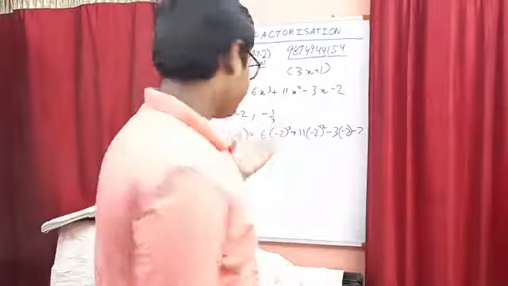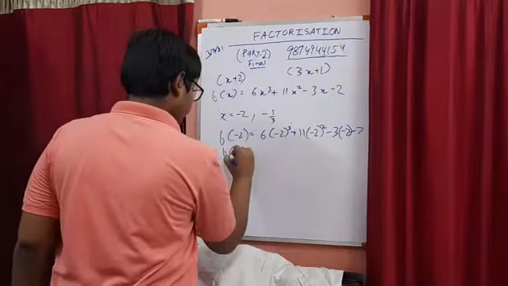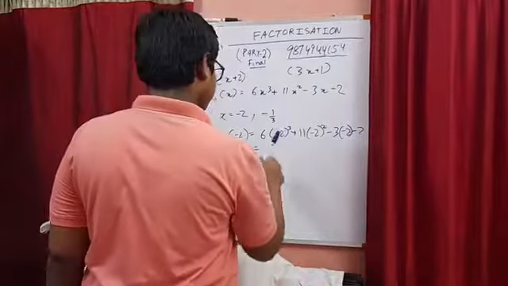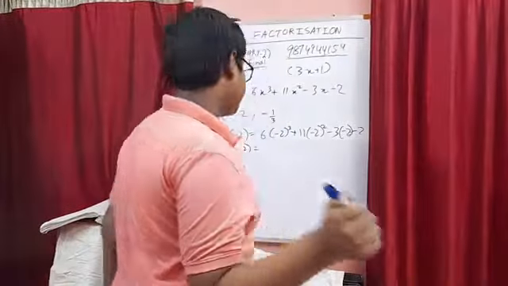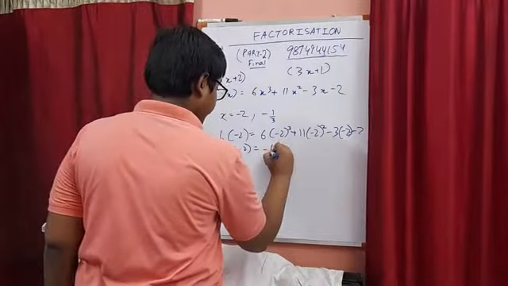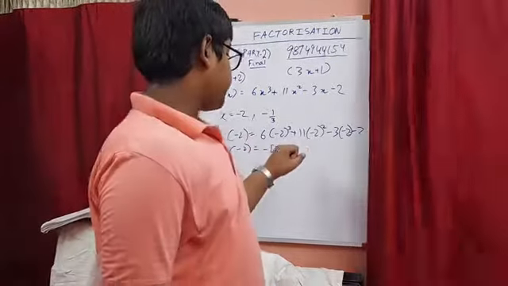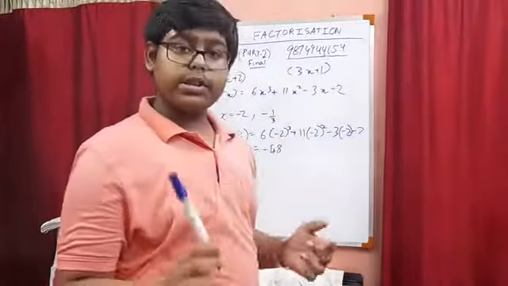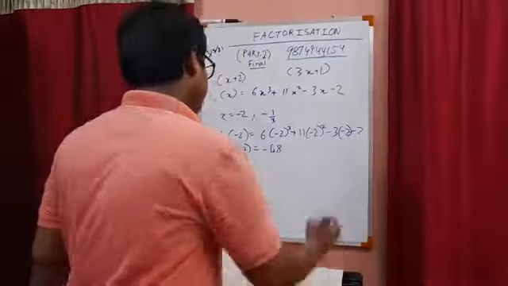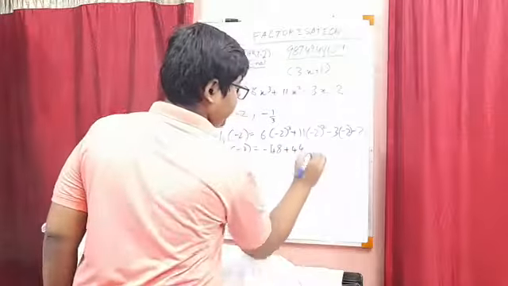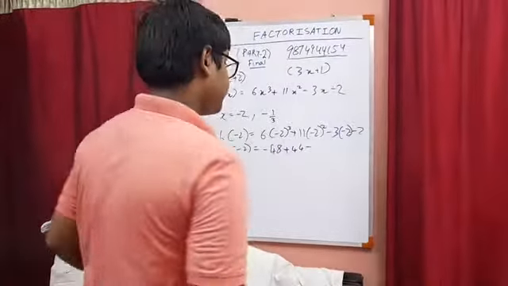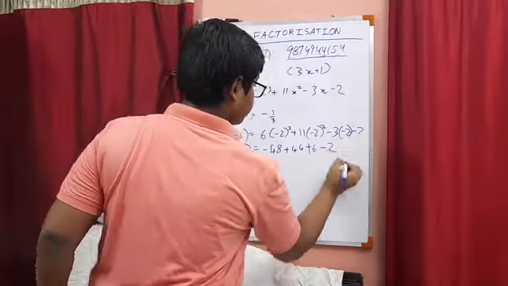So this will be the substituted equation, and now we will continue to simplify it further. f(minus 2) is equal to 6 into minus 2 cubed, which will be minus 8, and 6 into minus 8 is minus 48, and 11 into minus 2 squared, which means minus 2 squared is 4, and into 11 means 44, minus 3 into minus 2, minus minus will become positive, therefore 3 into 2 is 6, plus 6 minus 2.